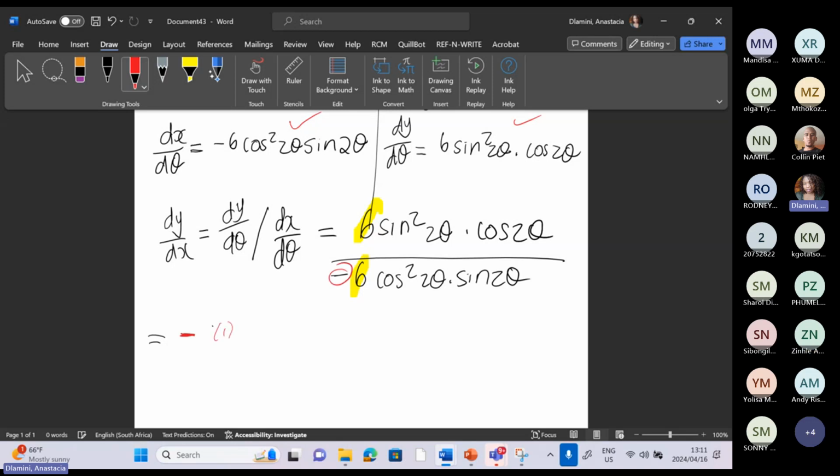Times, here, do you see that we have sine squared 2 theta over sine 2 theta? We are allowed to do that because if we have A times B times C over x1 times x2 times x3, because it's only multiplication, we are allowed to say A over x2 times B over x1 times C over x3.